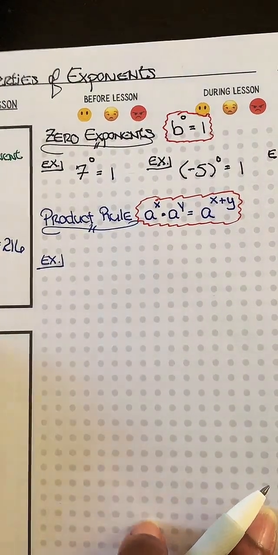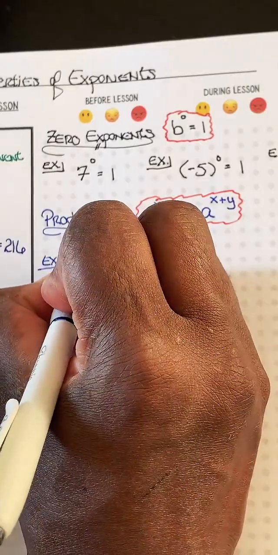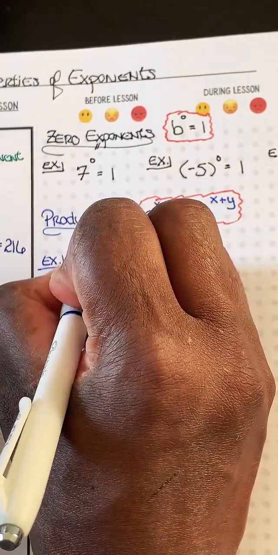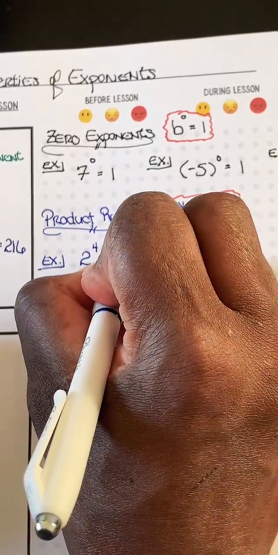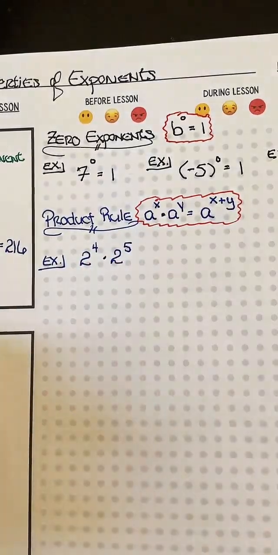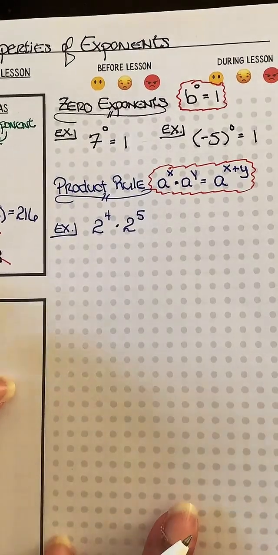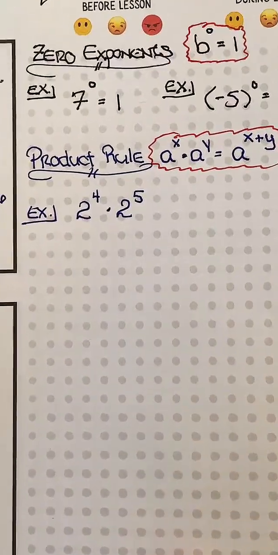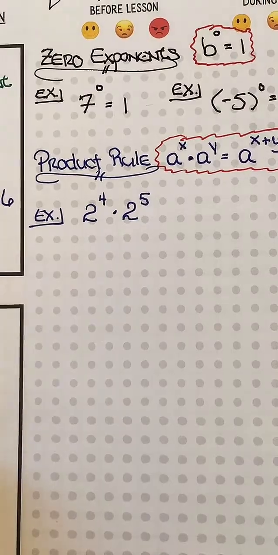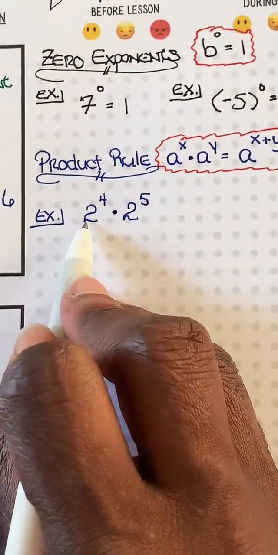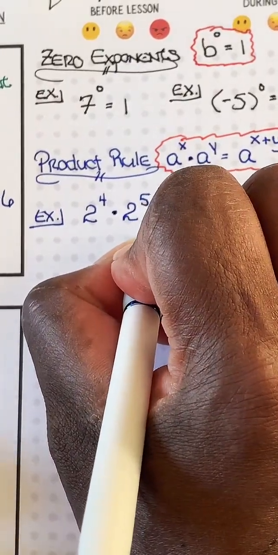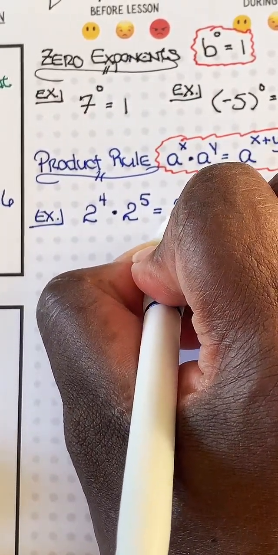So if I have 2 raised to the 4th times 2 raised to the 5th, they both have the same base, which is the 2's. So I'm carrying over the 2.